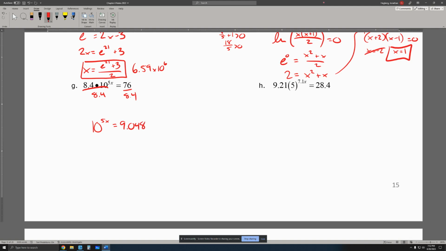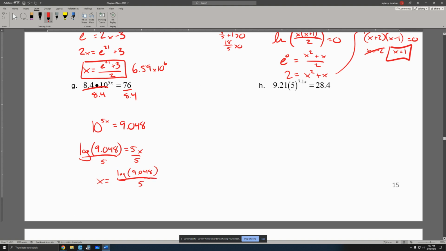And then finally rewriting this as a log, I know that we're base 10, so I'm going to write this as the common log of 9.048 is equal to 5x. Okay, and then dividing both sides by 5, we get x is equal to the log of 9.048 over 5.